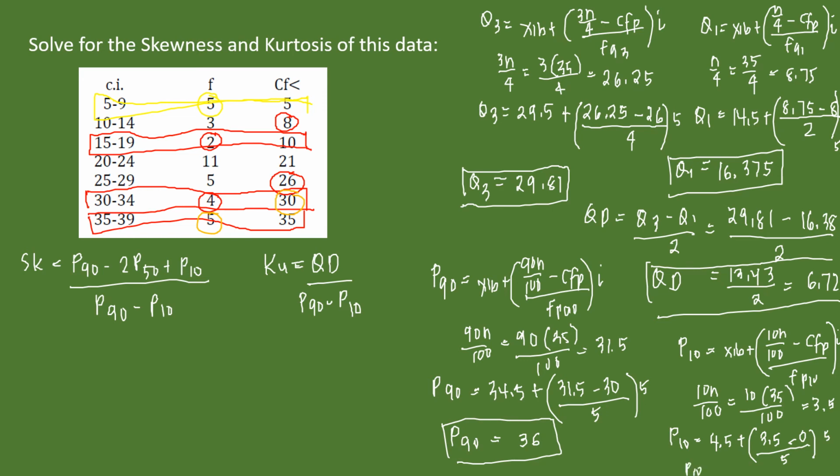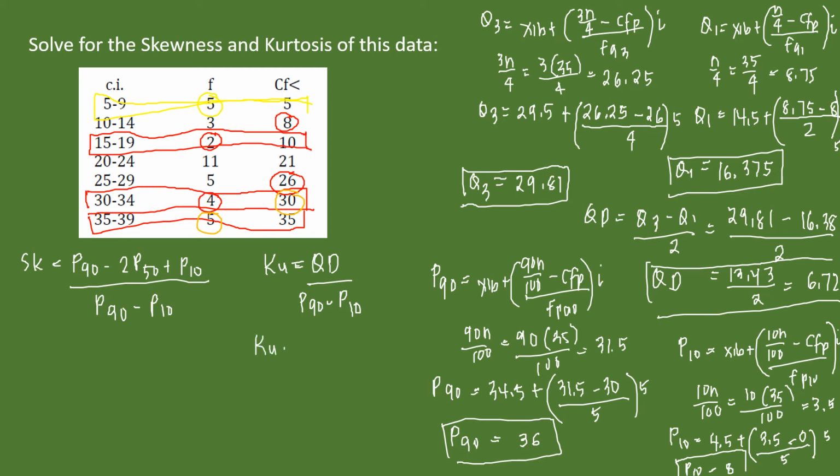So P10 would be 3.5 minus 0 is 3.5 divided by 5 is 0.7 times 5 is 3.5 plus 4.5 is 8. Okay. So again, we have the value of P10 as 8. So we can now solve for the kurtosis, right?